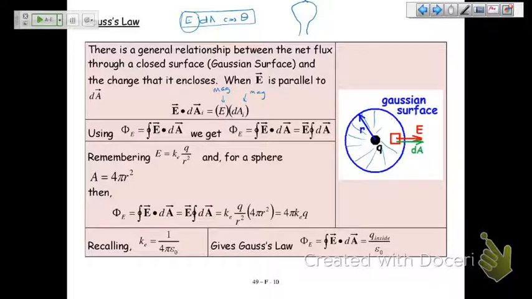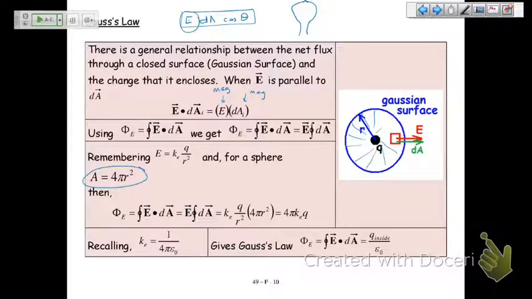Because this is spherically symmetrical, I can take this E outside my integral, because it's a constant with this Gaussian surface. So my flux is equal to E times the surface integral of dA. The surface integral of dA equals 4 pi r squared, hence we had it on our quiz today. And E, of course, is k_e Q over r squared.